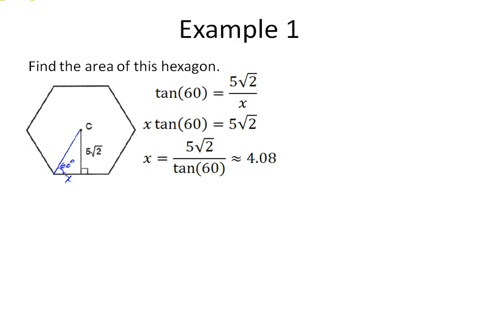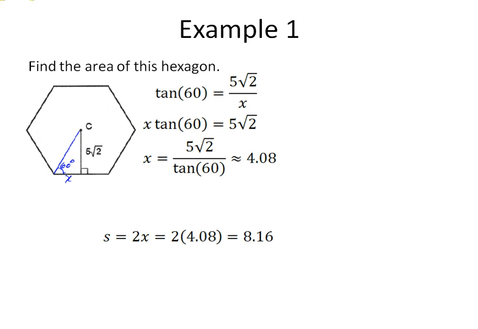That's half of the side, so the length of the side is 2x, which equals 2 times 4.08, or 8.16. So each side of this hexagon is approximately 8.16 units.